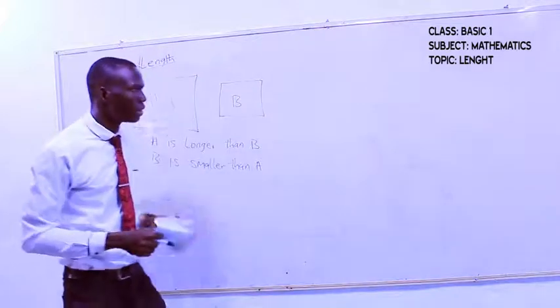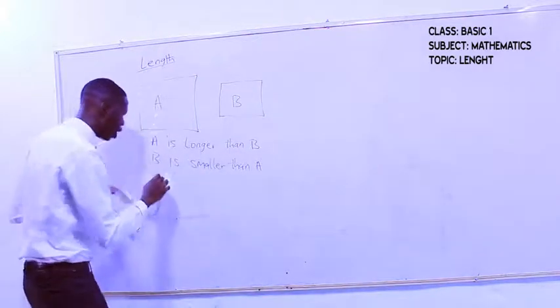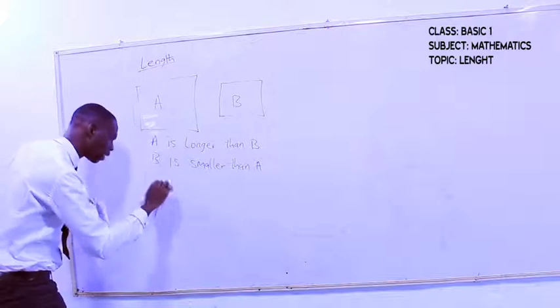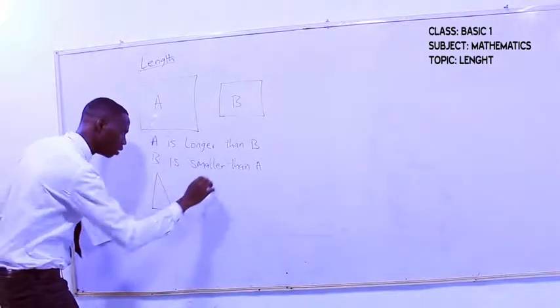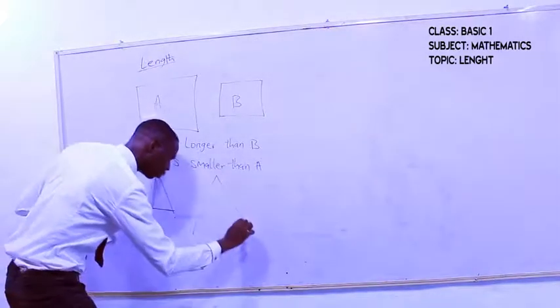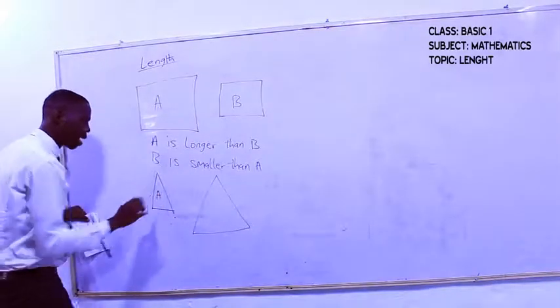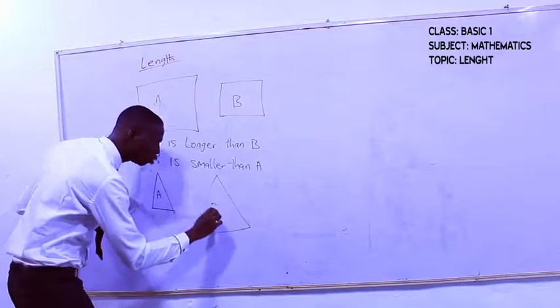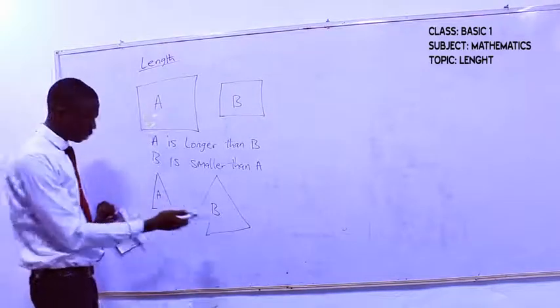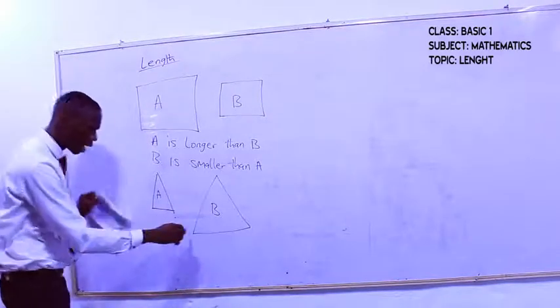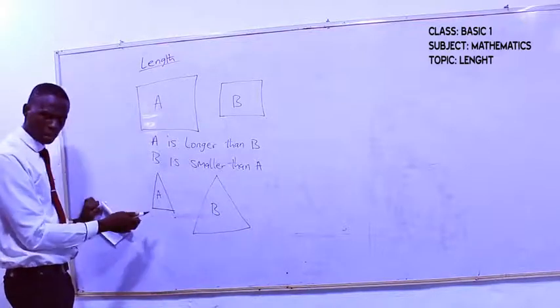You can have another shape like this, a triangle, and another triangle. Looking at this, I have this A, this one to be B. Which one is bigger? Which one has more length than the other?